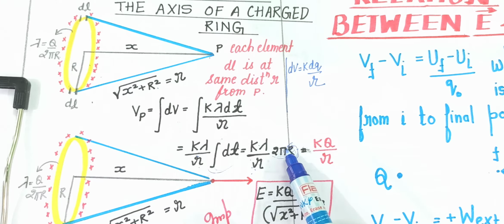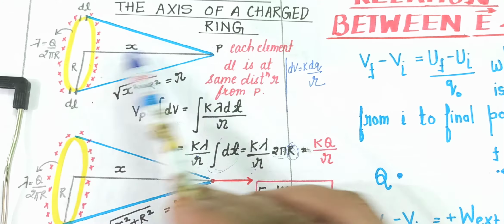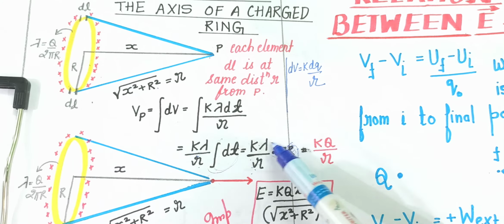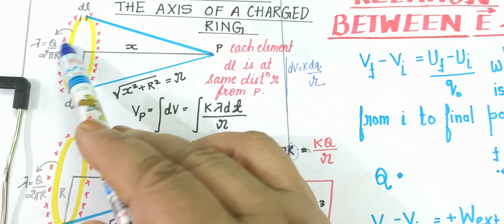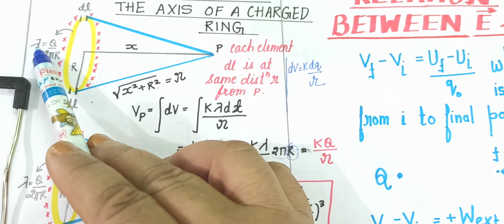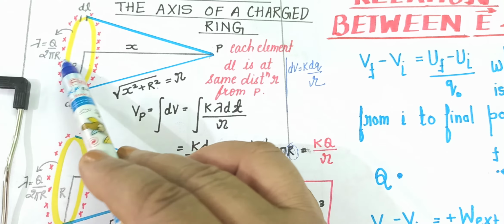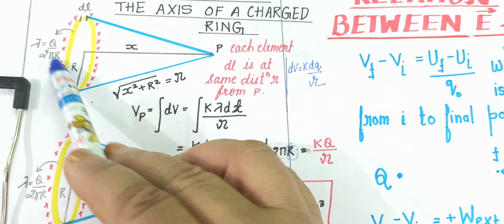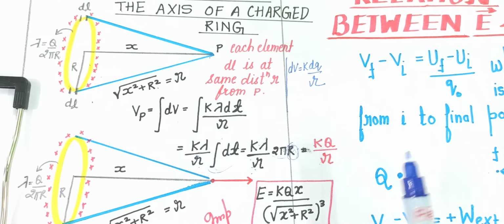R is the radius and small r is the distance of P from the element of the ring. Now lambda into 2 pi r: lambda is charge per unit periphery of the ring, the linear charge density. So lambda into 2 pi r will be the charge q. So kq by r is the potential.